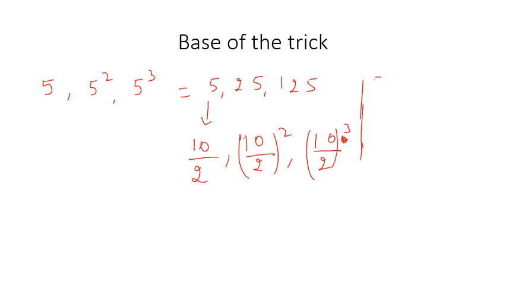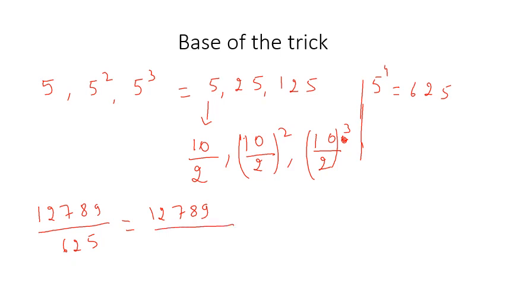For example, 5 raised to the power 4 is equal to 625. So when a number needs to be divided, for example, you have to divide 12789 by 625, here what you can do is convert it in the form of 10 divided by 2 raised to the power 4.